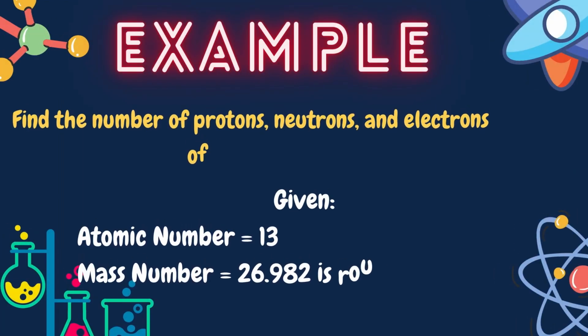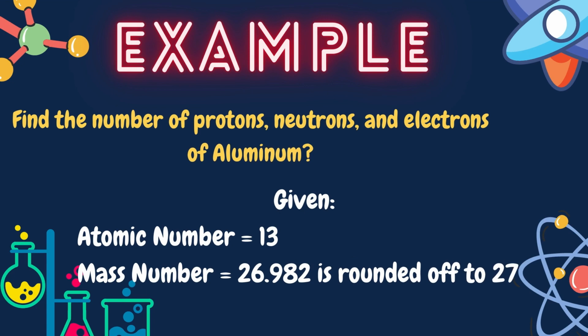Example. We will first use the steps in determining the number of neutrons. Find the number of protons, neutrons, and electrons of aluminum. So our given atomic number is 13, mass number 26.982 is rounded off to 27.